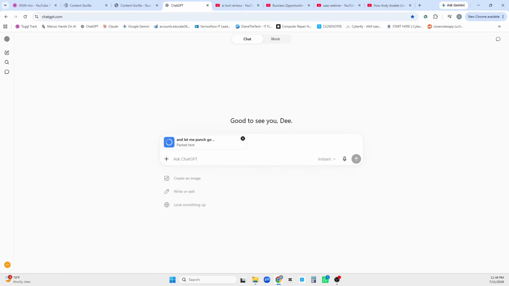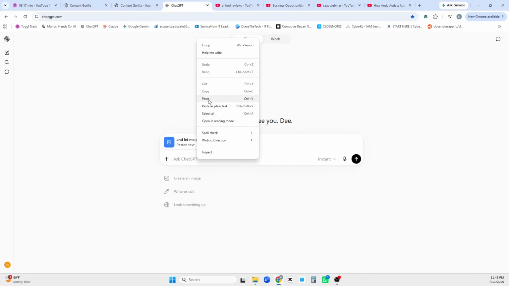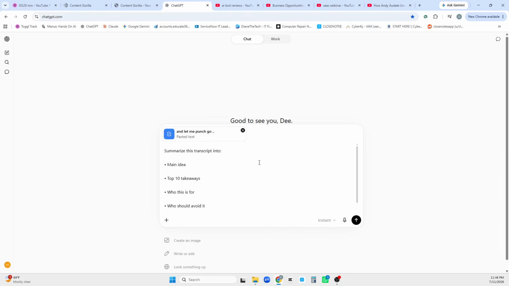Now, this is what I love about ChatGPT is that we're going to also give ChatGPT a prompt to summarize it. So we want ChatGPT to tell us the main idea. We want it to tell us the top 10 takeaways. Who is this for? Who should avoid it? Is it for beginners, intermediate, or advanced?